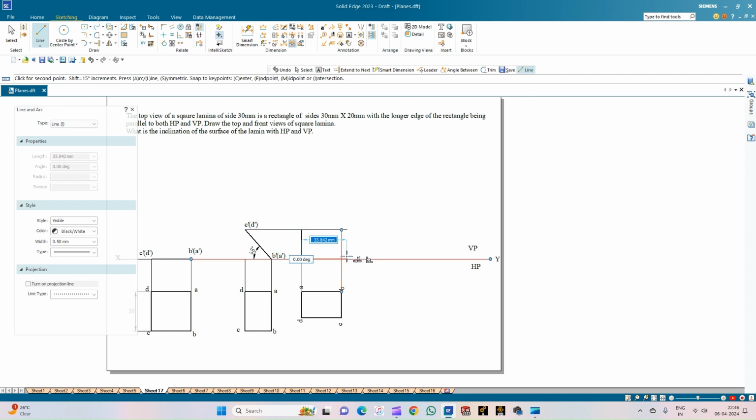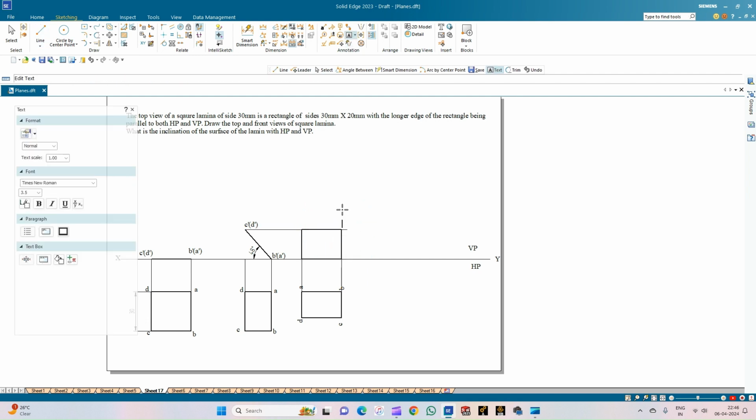So point of intersection. Next is again the second point of intersection, and then complete the rectangle. So now we will select the annotation and then annotate this view of the rectangle as C dash, and this is D dash, and this is B dash, and this corner is A dash.